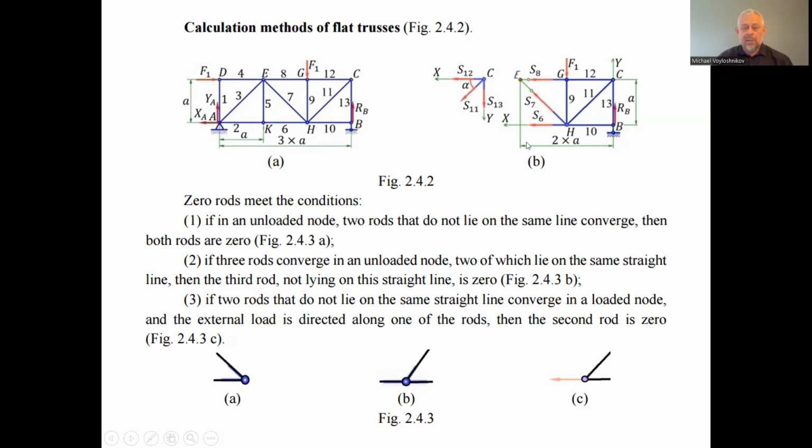Or we can select a definite part, not just one knot, but a definite part of the truss. This is the section method. In a section we consider the equilibrium conditions for the cut section of the truss. So this is the section method on draft 2.4.2b on the right.